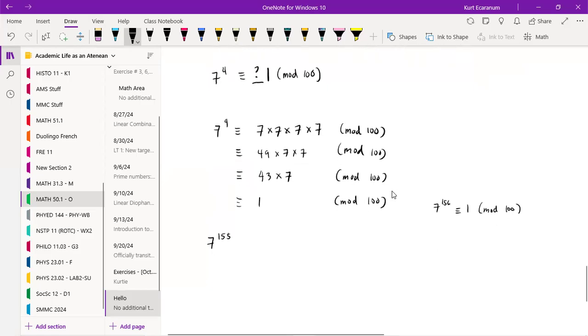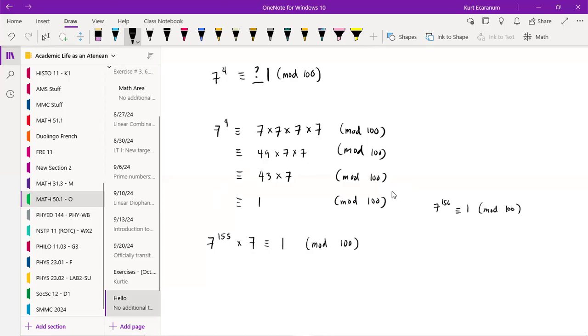So, ang ibig sabihin, we can try, ito yung sinabi ko kay Jembo na approach. So, we can try to multiply 155 by 7. And that means na, ayan, 155 times 7 to the 1, 7 to the 156, this is 1 modulo 100.